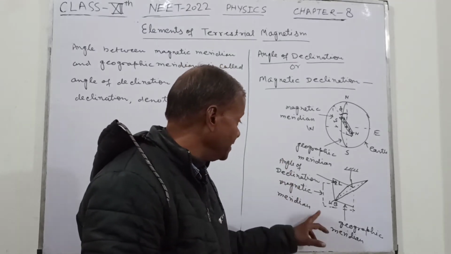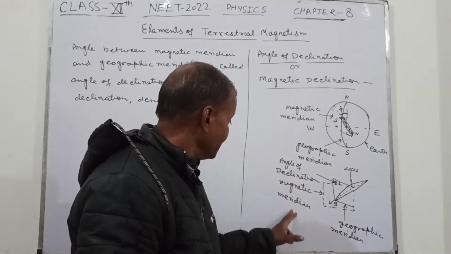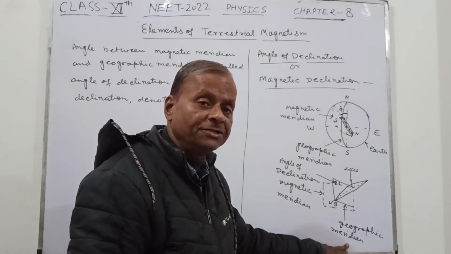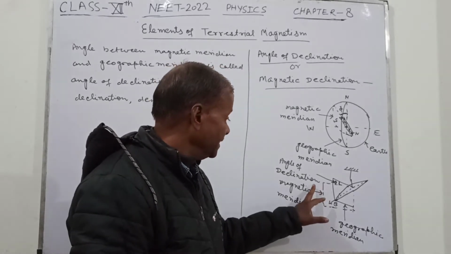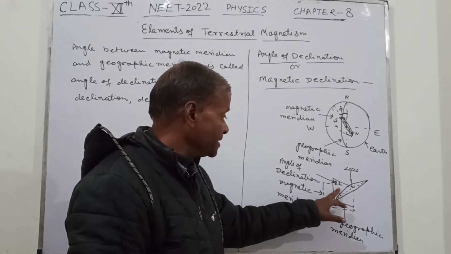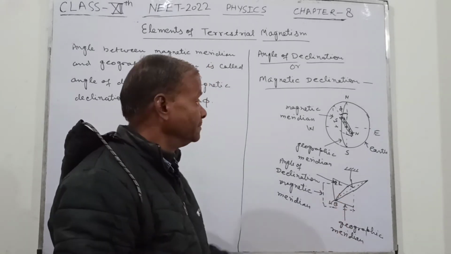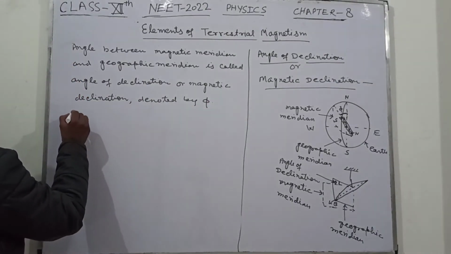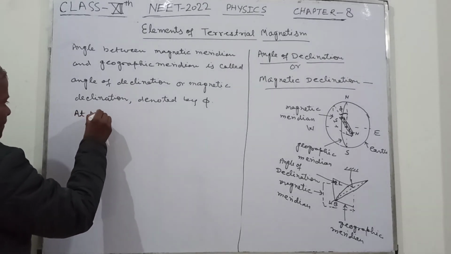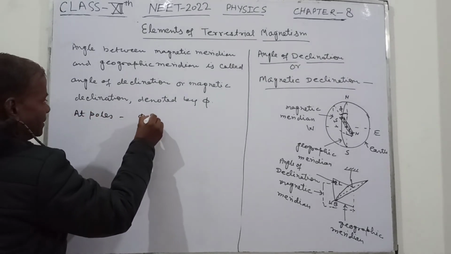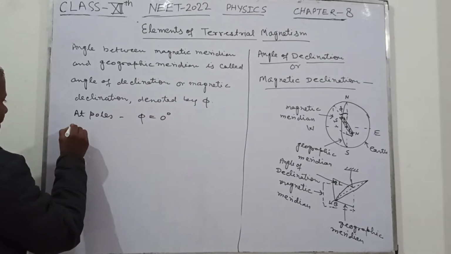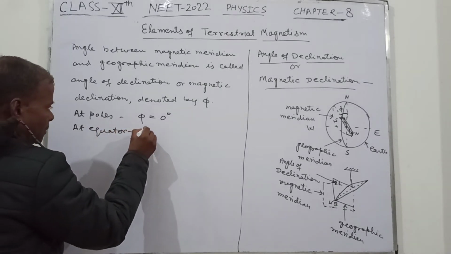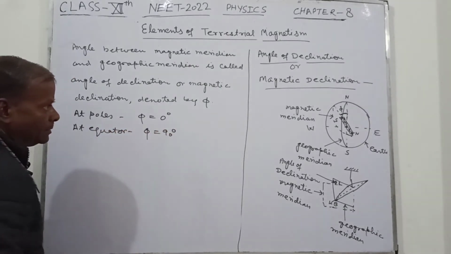So this magnetic meridian is just below this geographic meridian. Otherwise, they would have coincided with each other. So they are declined at some angle, and this angle is called the angle of declination. Now we can have that at poles phi equal to 0 degree, and at the equator phi equal to 90 degree.